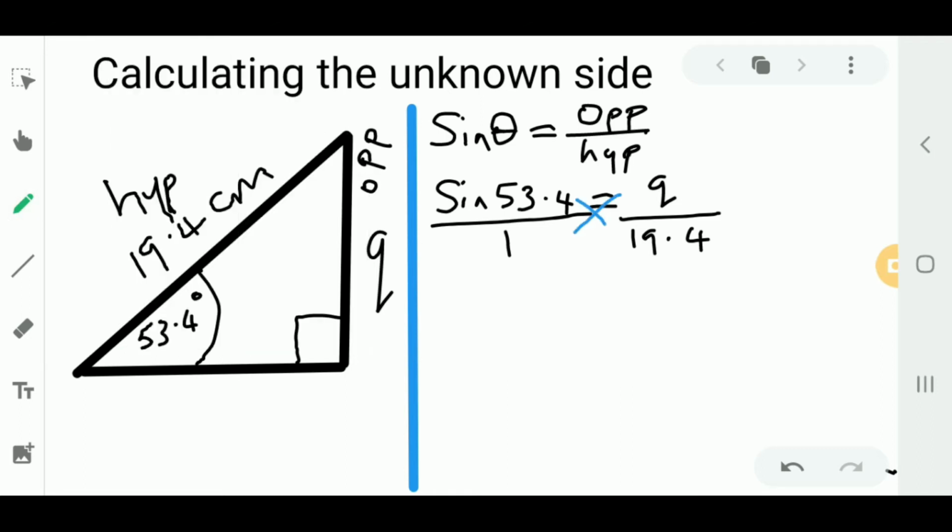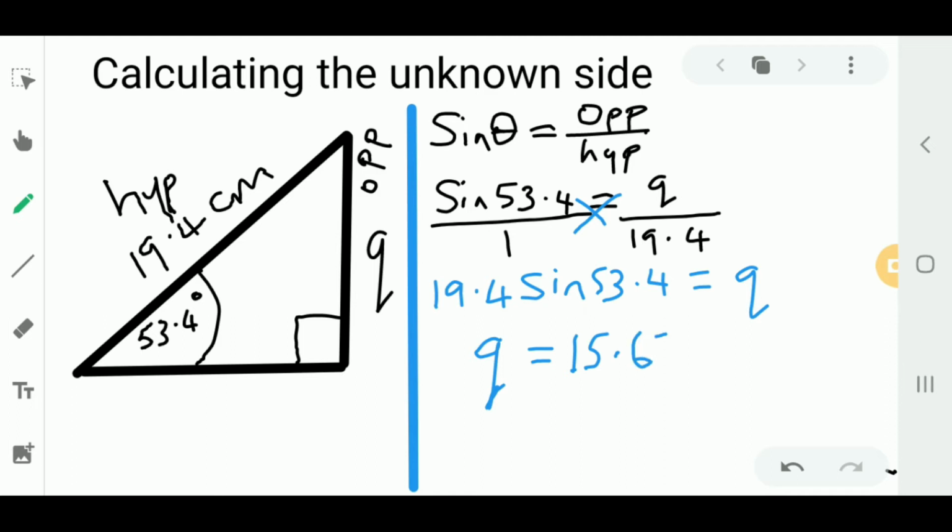So it is 19.4 sine 53.4 is equal to 1 times Q, which is Q. Now if you put 19.4 sine 53.4 in your calculator, you will get Q to be equal to 15.67 centimeters when you round off.